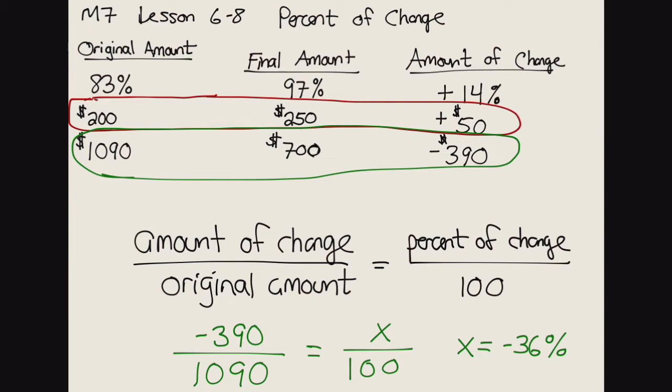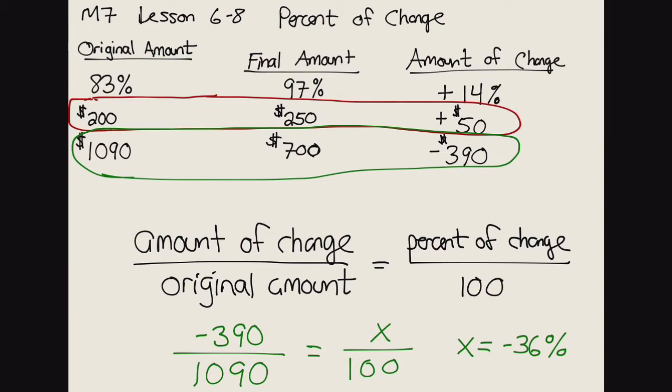Right. However, Parker, sometimes they're going to ask you for the amount of change given the percent. So sometimes the X moves around. Why don't I show you 2 examples, okay? And then if you still have questions. All right. Actually, it depends on the instructions of the problem.